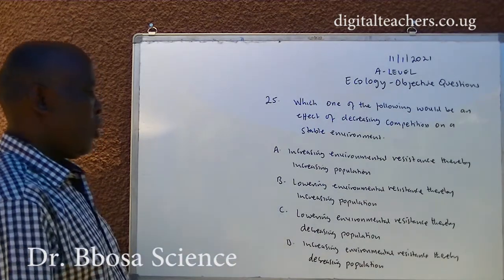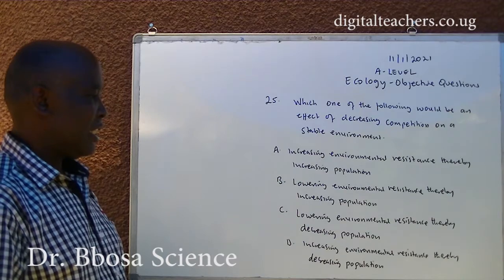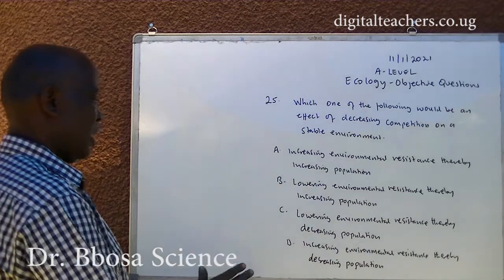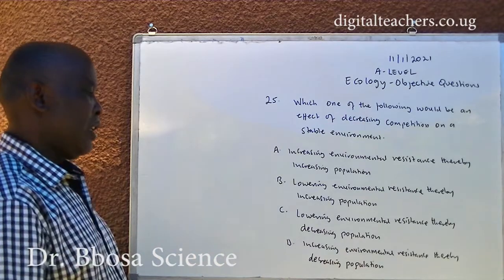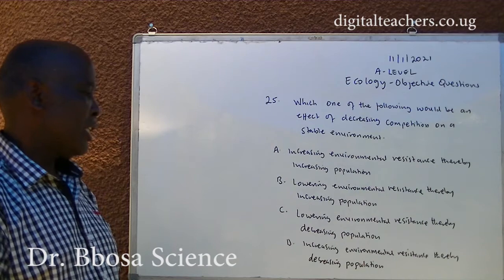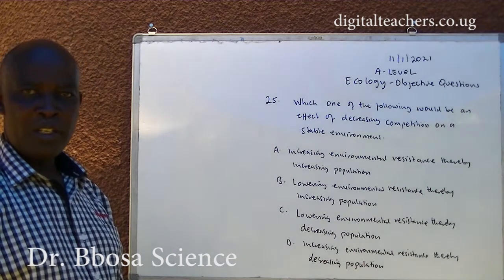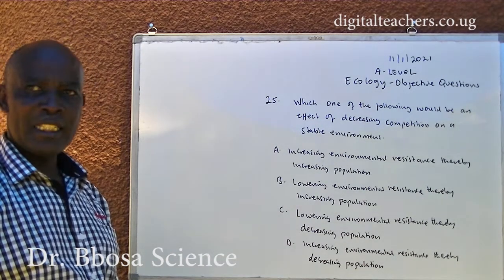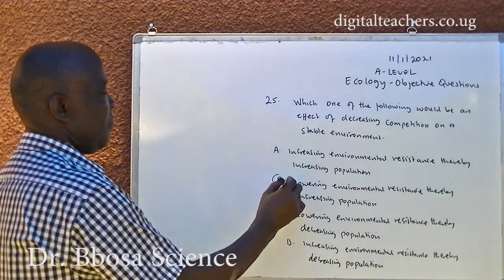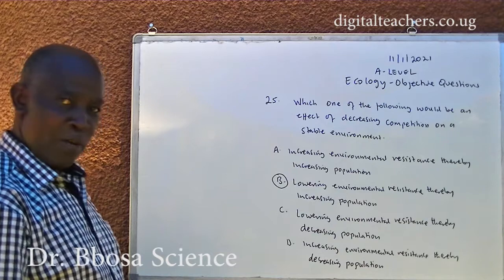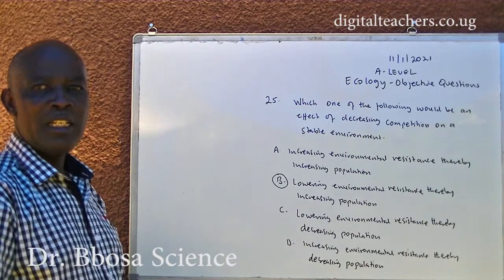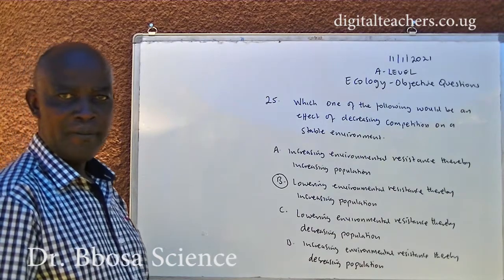C. Lowering environmental resistance, thereby decreasing population. D. Increasing environmental resistance, thereby decreasing population. You can pause and answer. The answer is B. Lowering environmental resistance, thereby increasing population.